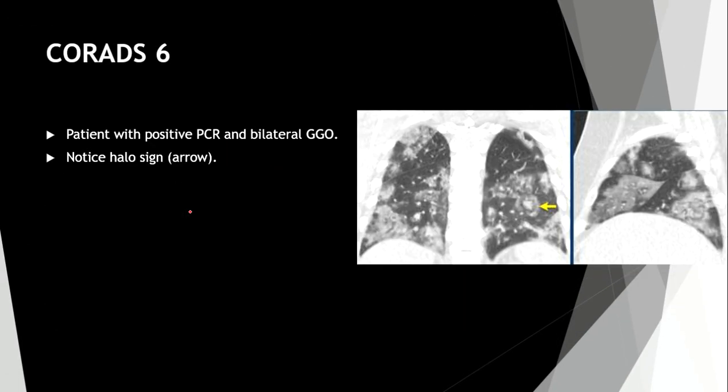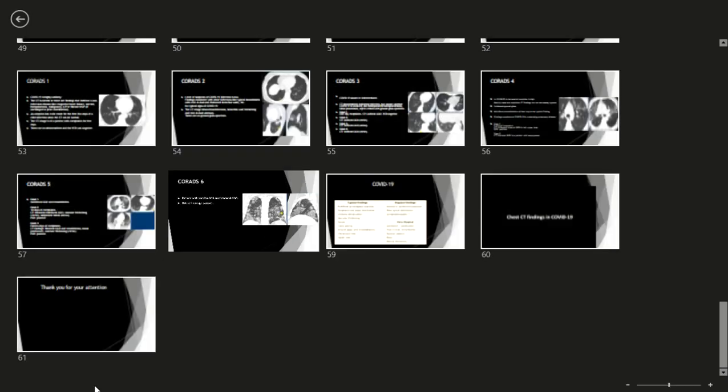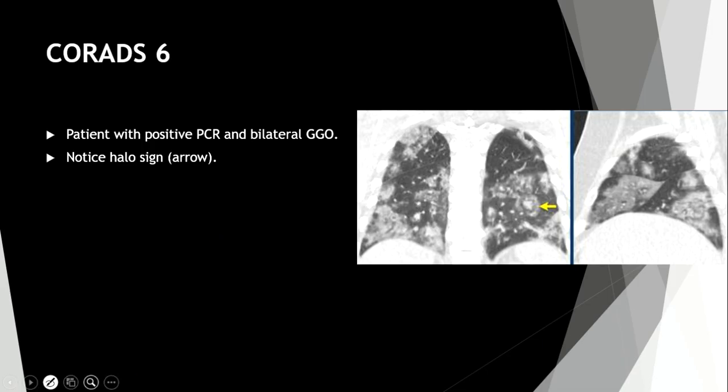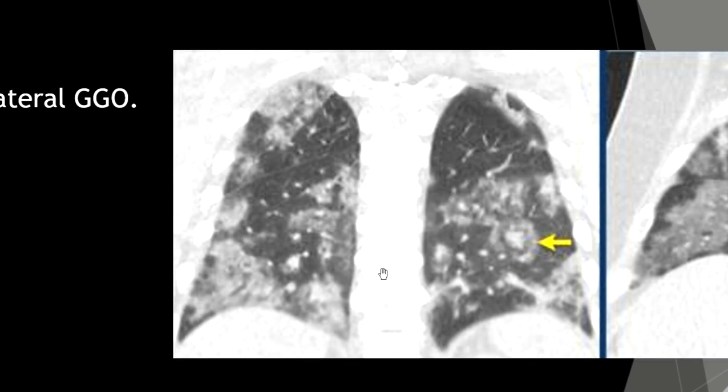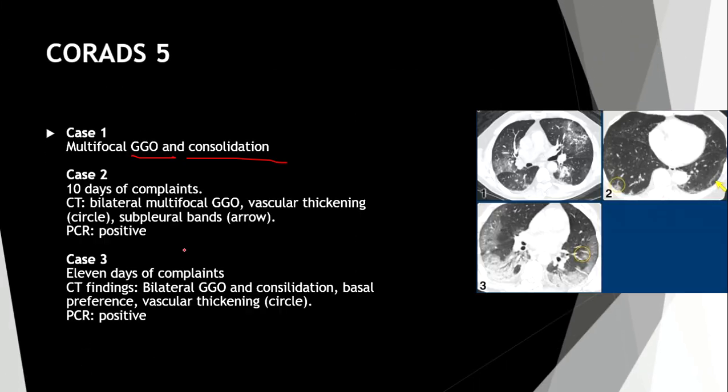And here we see CO-RADS 6. Patient with positive PCR and bilateral ground glass opacities. This is the halo sign here. We didn't have good resolution here.